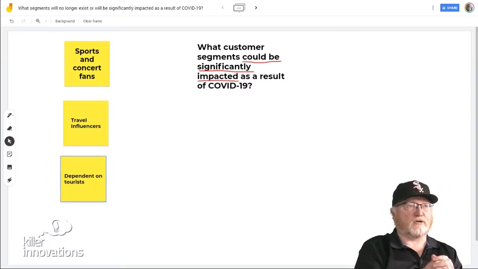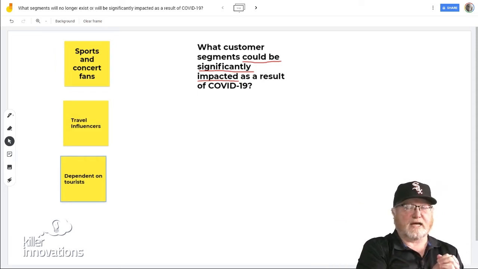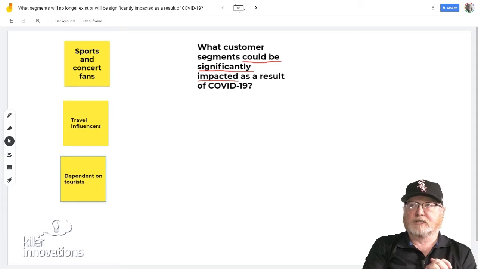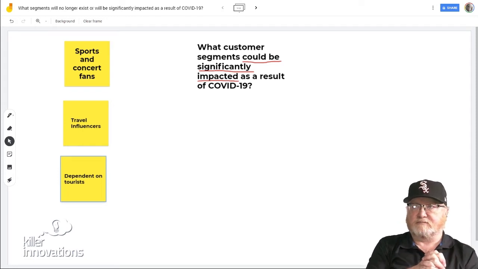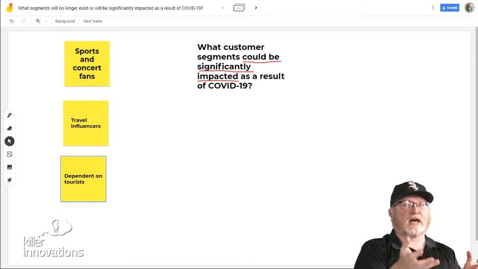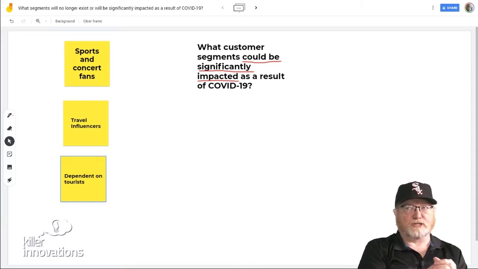Now, I live in northern Colorado, right outside my ranch here. I am near Rocky Mountain National Park, and the fact that Rocky Mountain National Park is closed, and therefore closed to tourists, is a big issue.